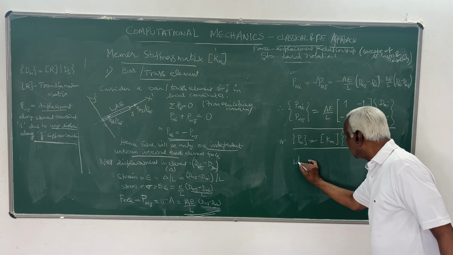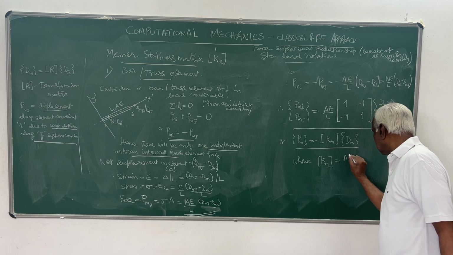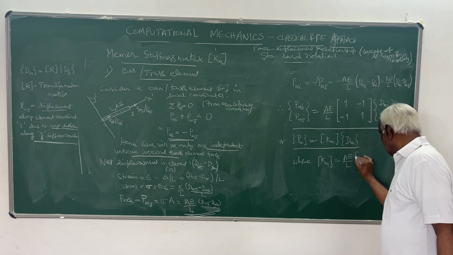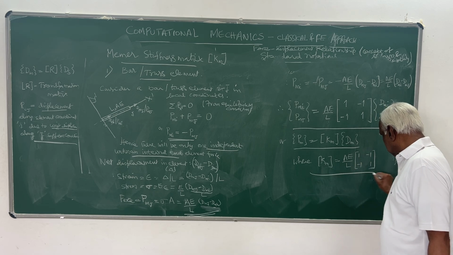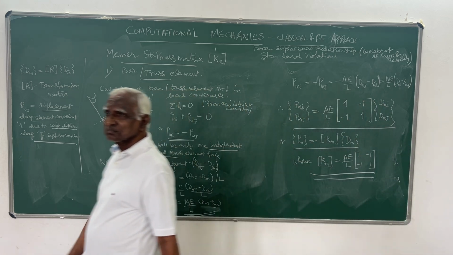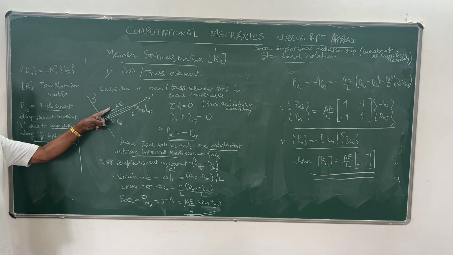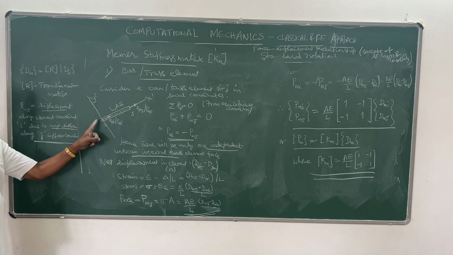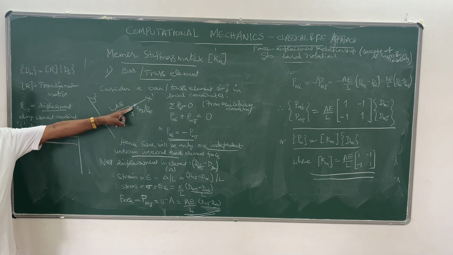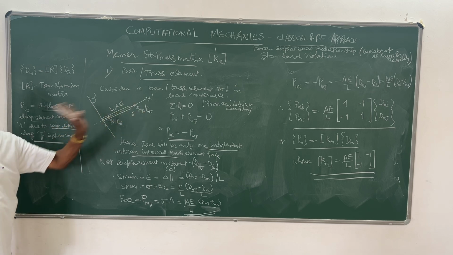Where Km is equal to the truss element stiffness matrix, truss element of length L, any element L, AE, having local coordinates with I as the origin, J as the other node, with these end forces corresponding to displacements.